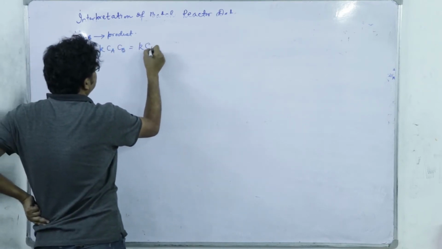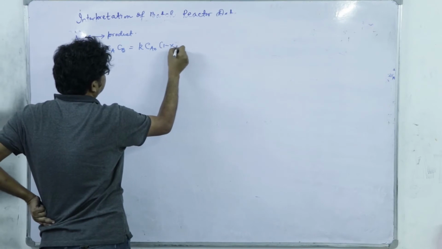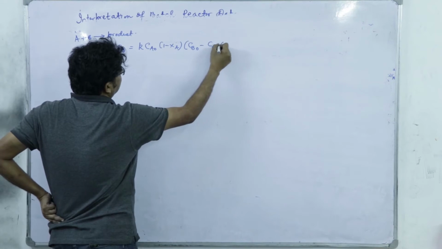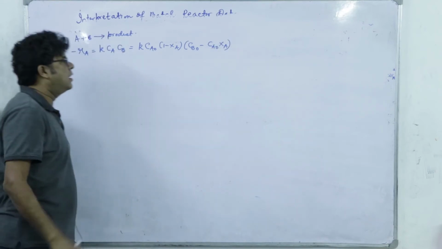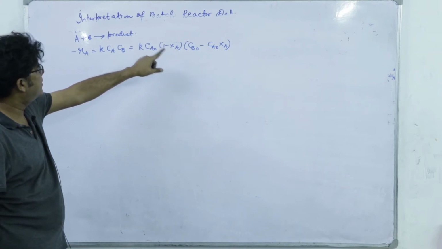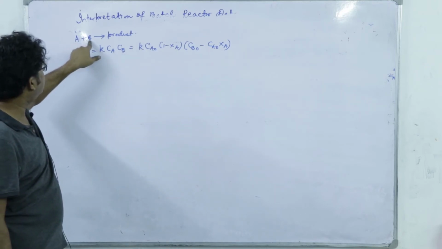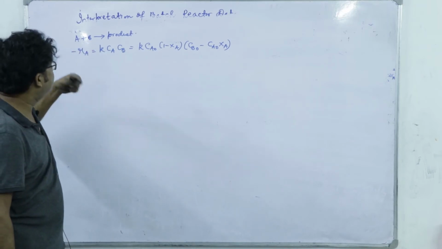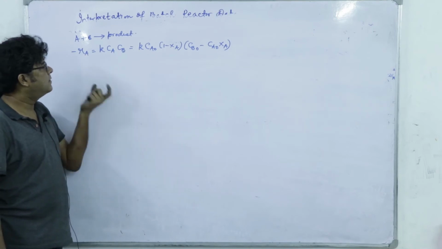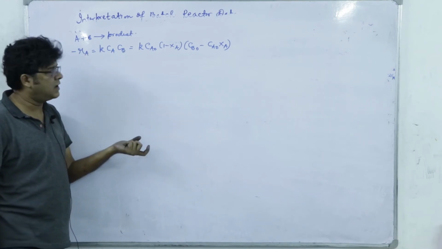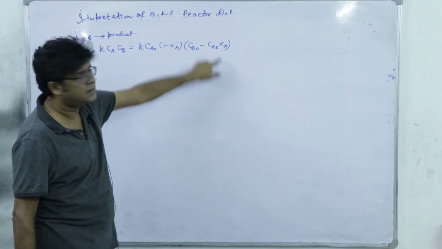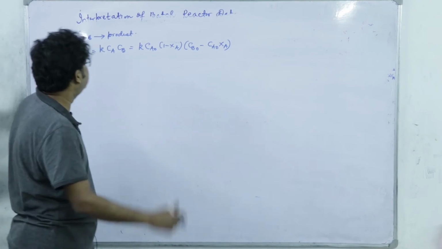So it is K into Ca naught into 1 minus Xa into Cb naught minus Ca naught into Xa. Why? Because here you see the 1 mole of A reacts with 1 mole of B. So if Ca naught into Xa moles of A has reacted, definitely Ca naught into Xa moles of B must react. So present concentration of B is the initial concentration of B minus the amount of B that has reacted.